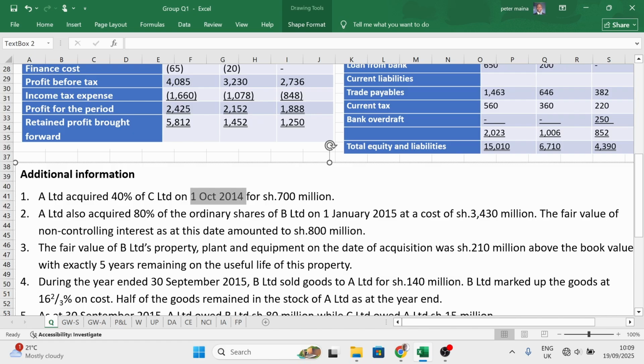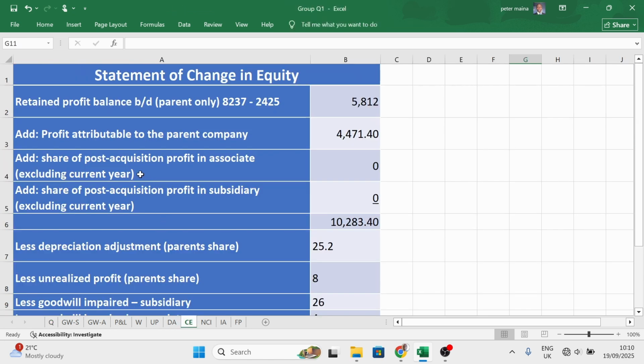So all the post-acquisition profit of the associate began on 1st October 2014. So it is only the profit for the current year which is the post-acquisition profit, meaning we don't have any other profit except the one they made in the current year. That is why we have zeros here.